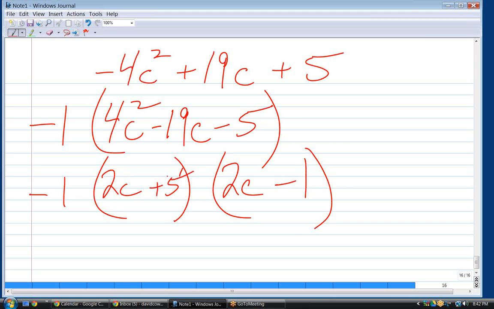Right. Because at most I can multiply 2 by 5. That gets me to 10. So I can pretty quickly know that it's not going to break up into 2c and 2c. Got to be 4c. Merely because, remember, I've got to get to -19 in the middle. Right. So 4c times c is 4c squared. I know the signs are what? It's going to be a plus and a minus. Okay, so I'll try minus plus.